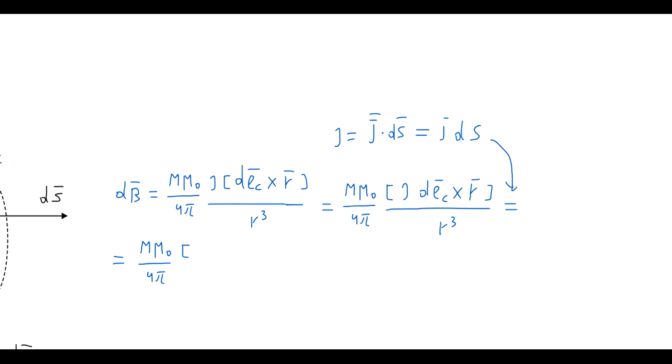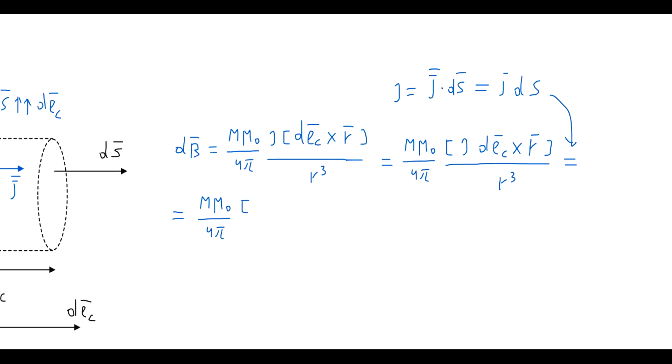So from here we have J, dS, and dlc multiplied by R and divided by R to the power of 3.